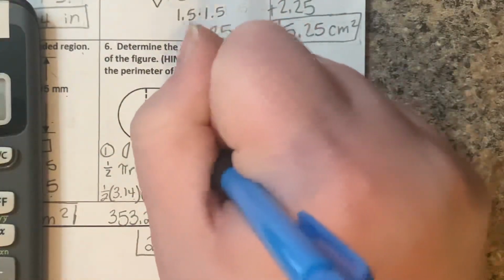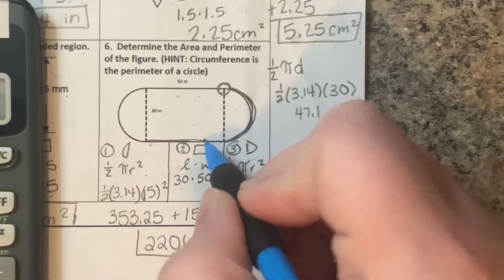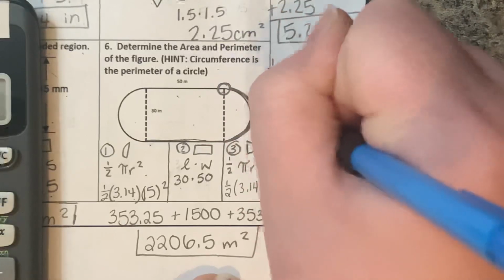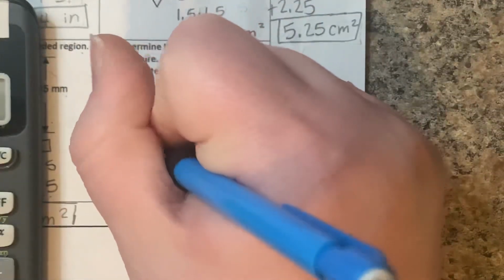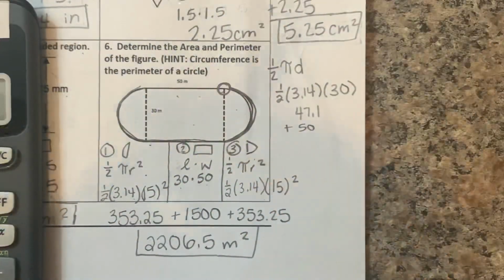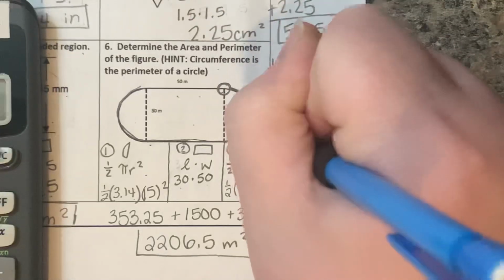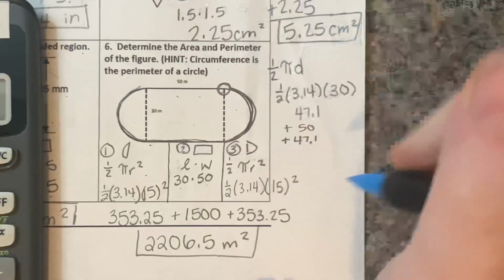Now I can draw the shape, and I'm going to do right here. I know that this top side was 50, so this bottom side is also 50. Then I've got this half circle again. Just like with the area, there's no really point in us calculating it a second time. We're going to calculate exactly the same thing we got here. So I'm going to do plus 47.1 plus this last outside again of 50.